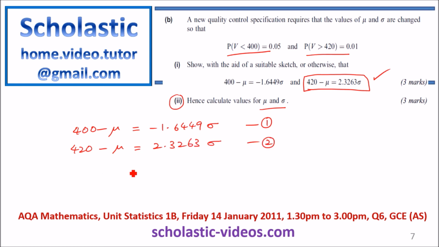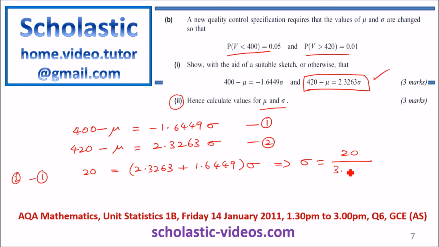So to find sigma, we take 2 minus 1, 420 minus 400, mu will go off, then 2.3263 plus 1.6449 times sigma, which will give us sigma is equal to 20 divided by 3.9712, which is equal to 5.036. That is the value of sigma.